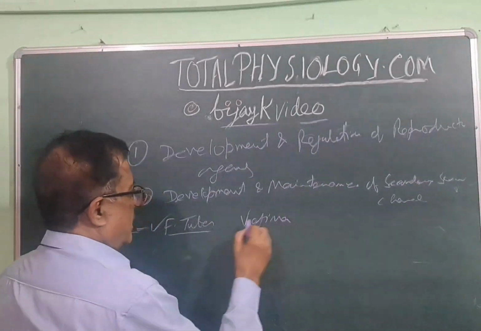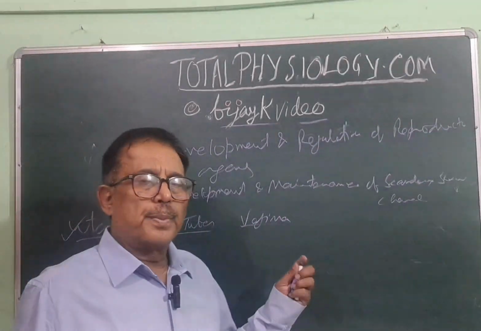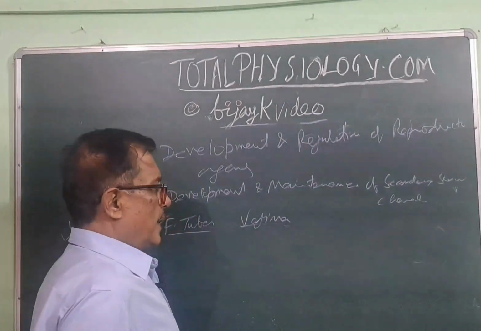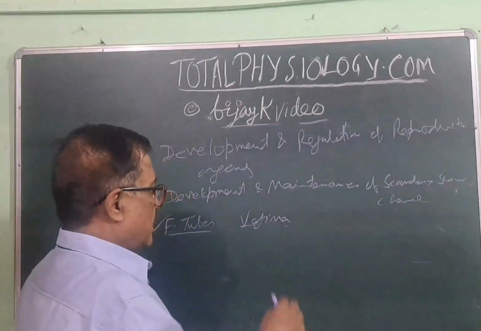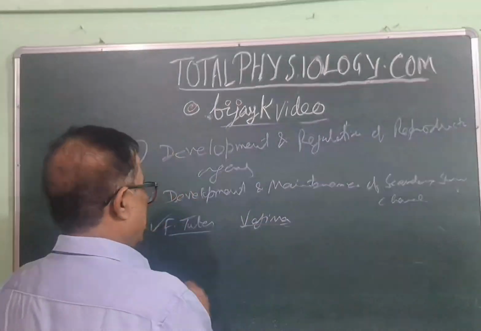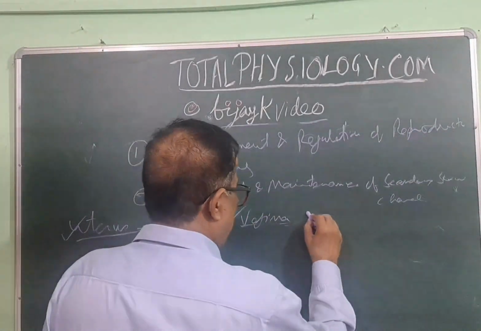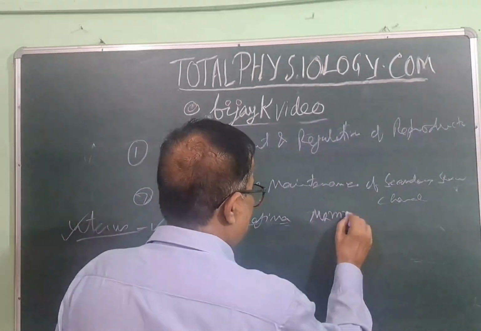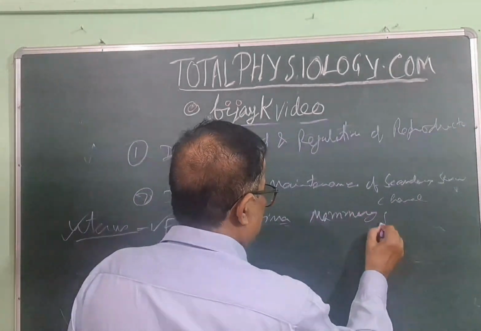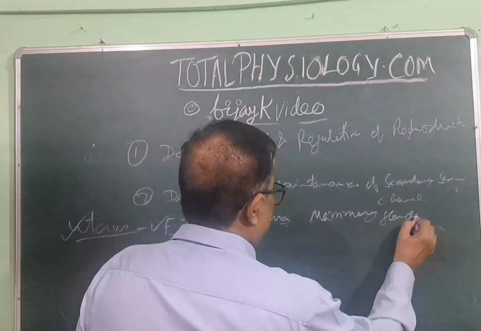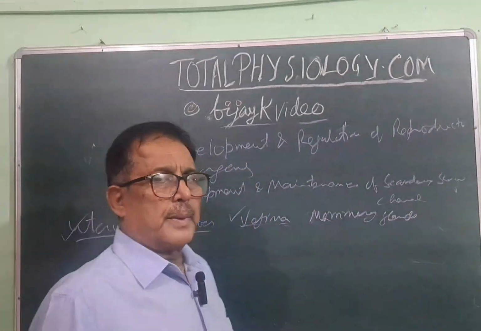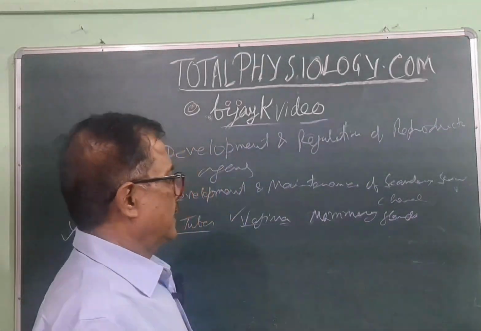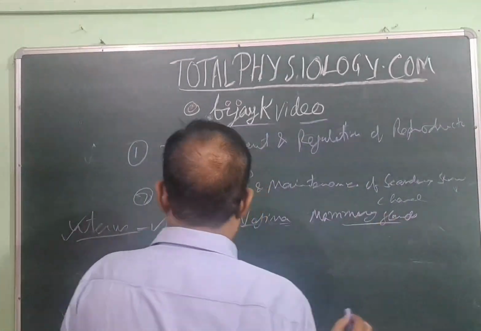It causes development and keratinization of vaginal epithelial cells and helps in vaginal secretion. Number three, mammary glands. It causes development of mammary glands by increasing stromal cells, lactiferous ducts, alveoli and so on.